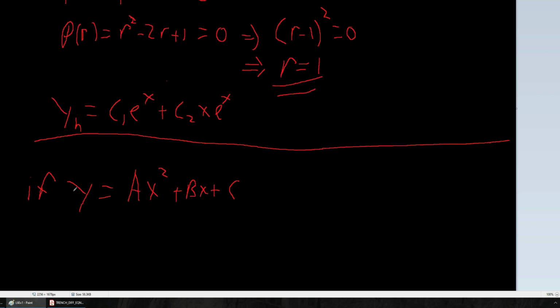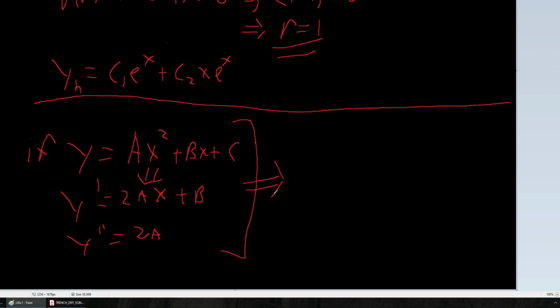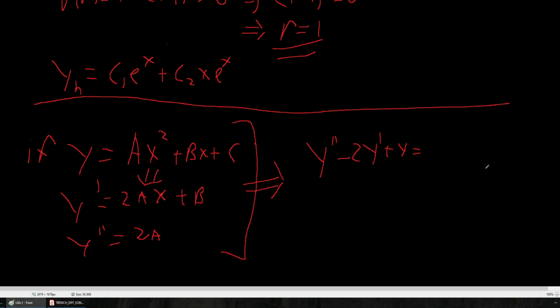Okay, so I'm making this ansatz here, and if this is true, then y prime is equal to 2a x plus b, and y double prime is equal to 2a. So if I make that assumption, my differential equation, y double prime minus 2y prime plus y, simplifies to, let's just plug it in.